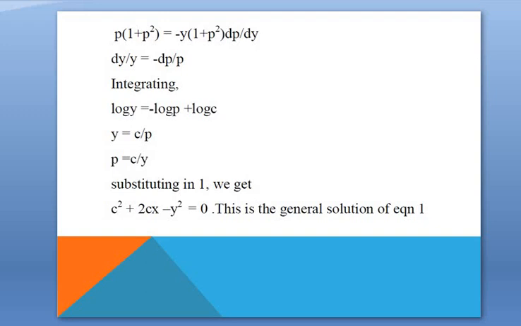Integrating this, we have log y is equal to minus log p plus log c, which implies that y is equal to c/p. From this we get p is equal to c/y. Substituting this value in the given equation, we have c squared plus 2cx minus y squared equal to 0, which is the required general solution of the given equation.